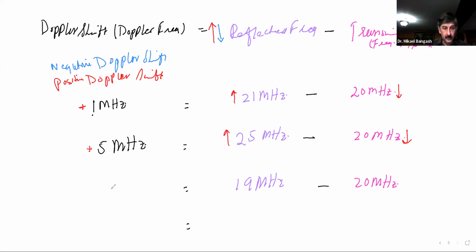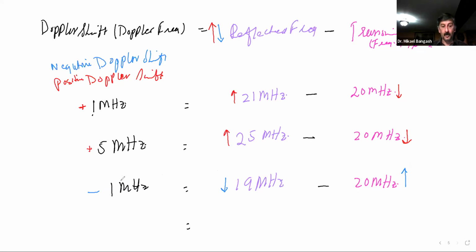You're going to be $1 negative, mainly because you subtracted a bigger number from a smaller number. So this was lesser and this was greater.